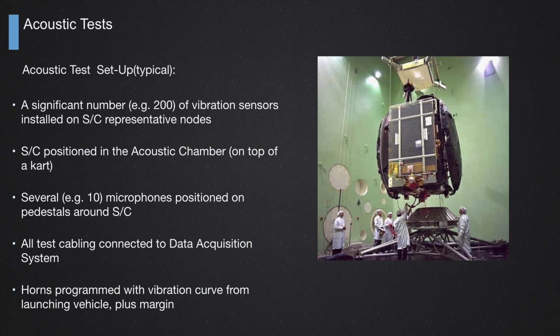So how is it set up? Again, we install sensors on the spacecraft to measure the vibration level of each part of the spacecraft. It could be exactly the same sensors we installed for the typical vibration test we did before in the shakers. And then we put the spacecraft inside a cart, inside the chamber. But now, because we are talking about acoustic tests, acoustic waves, we also install microphones around the spacecraft.